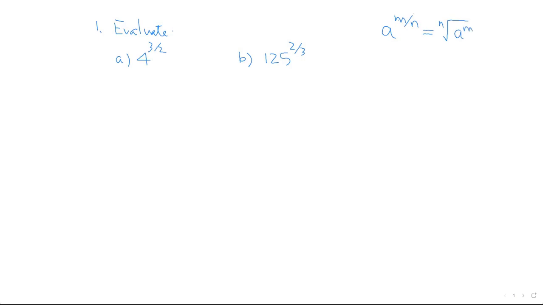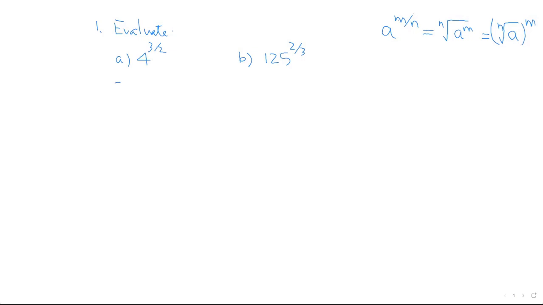So the numerator m is the exponent, and the denominator n of the exponent is the index of the radical. Of course, if defined, you can first take the nth root of a and then raise to the mth power. So this is what a rational exponent means.